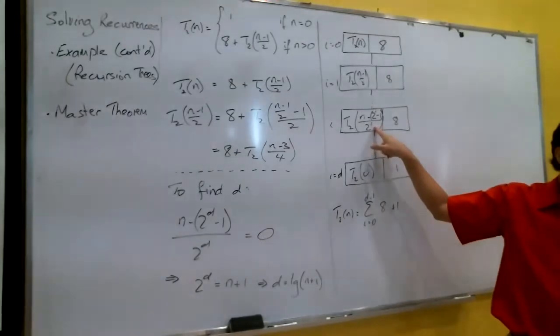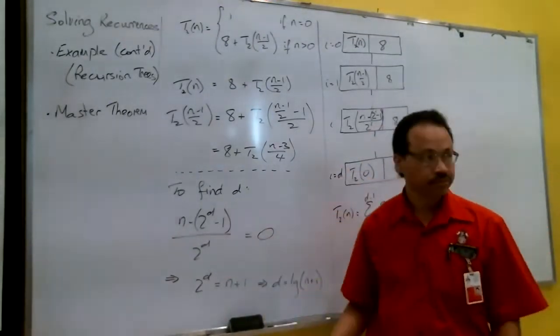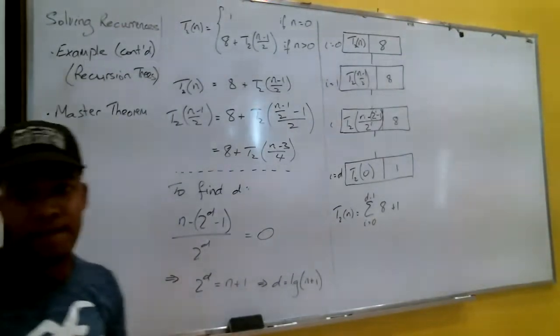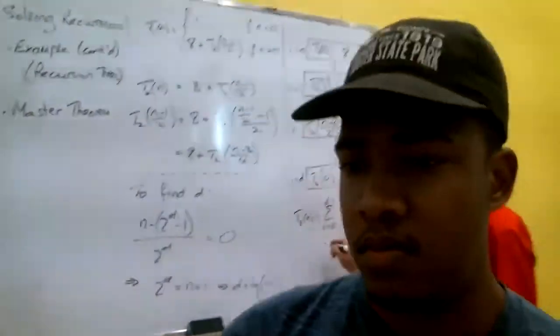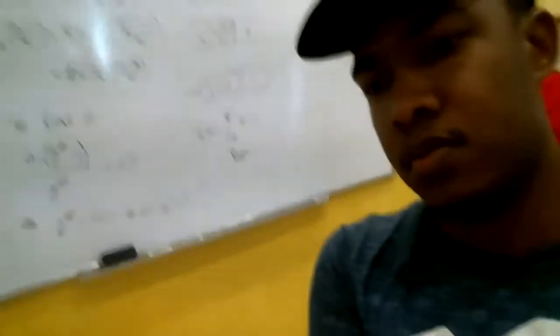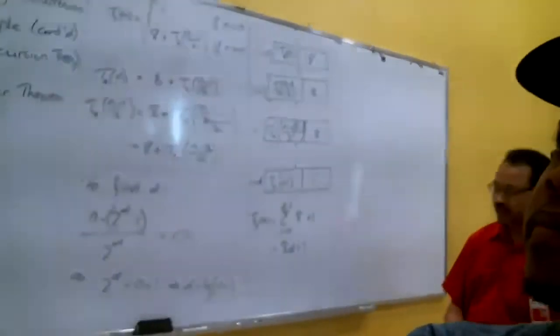There's a 2 to the I here, so plug I equal D in, that's a D. I don't know if that's clear enough. It's clear that's 8D plus 1. We already figured out that D was log of n plus 1.